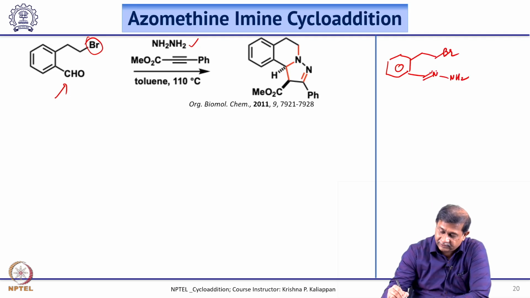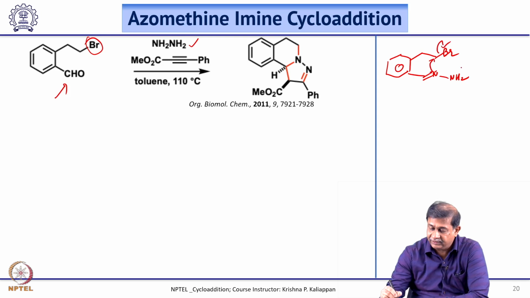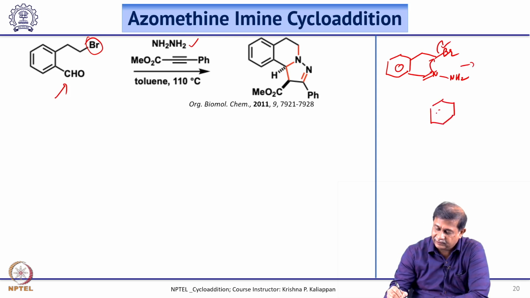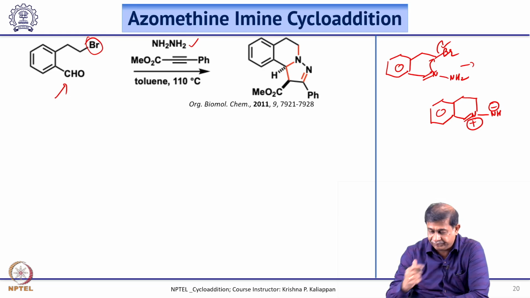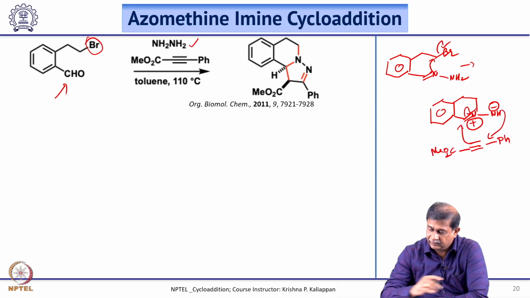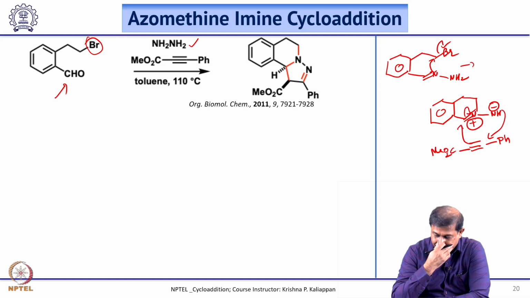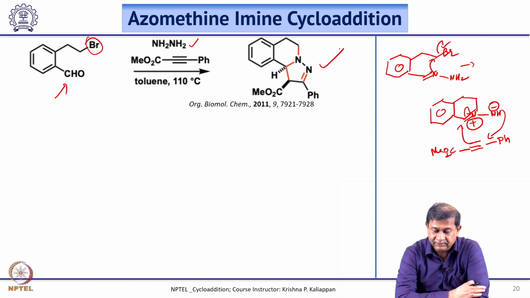Now the lone pair on the nitrogen of the imine will attack intramolecularly, so you get the corresponding 6-membered ring and NH minus, by intramolecular proton transfer. Now this can undergo 1,3-dipolar cycloaddition with phenyl methyl propiolate, and followed by hydrogen migration, you get this compound.